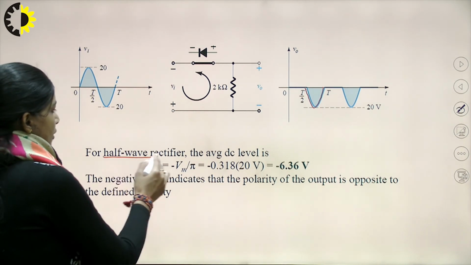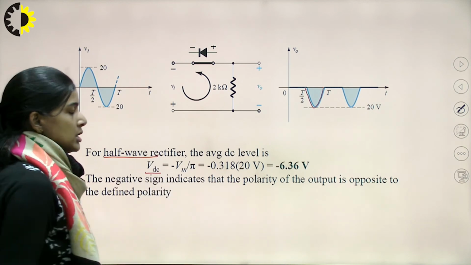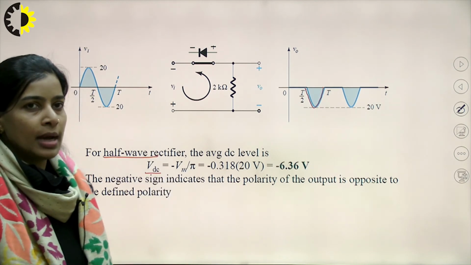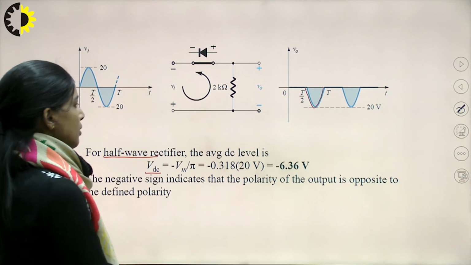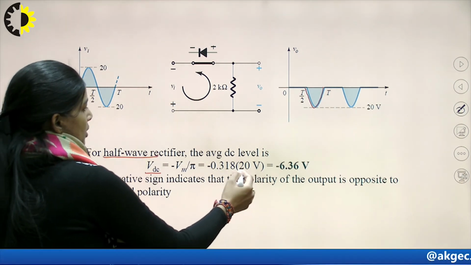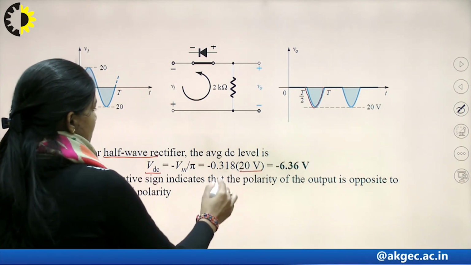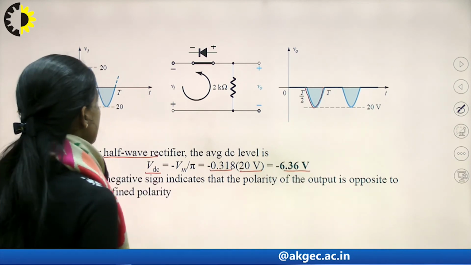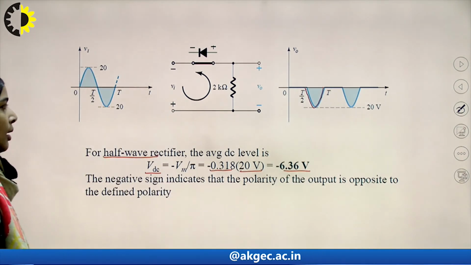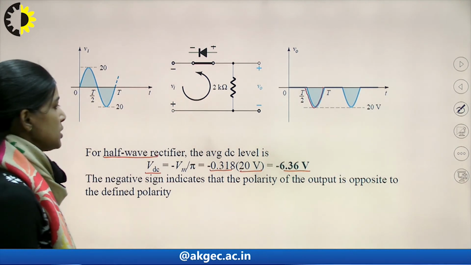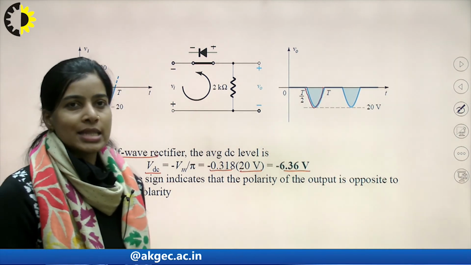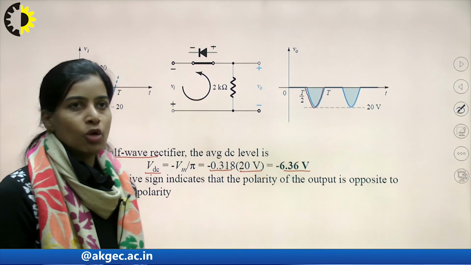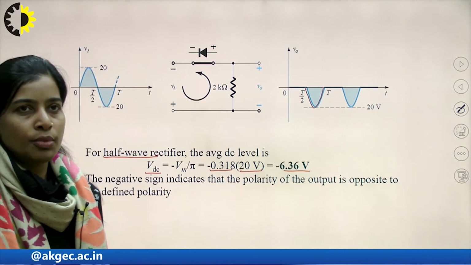So, for the half wave rectifier circuit we have VDC as Vm by pi. So, that we can find as 20 volts multiplied by 0.318 and we get minus 6.36, and this negative sign is showing that the pulse that we are getting at the output will be in opposite polarity.